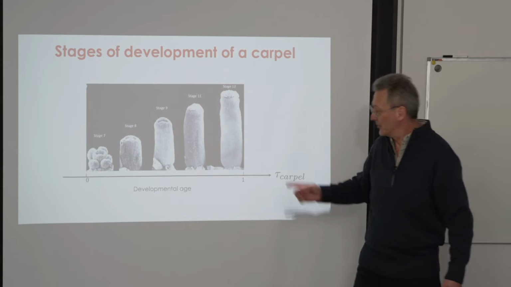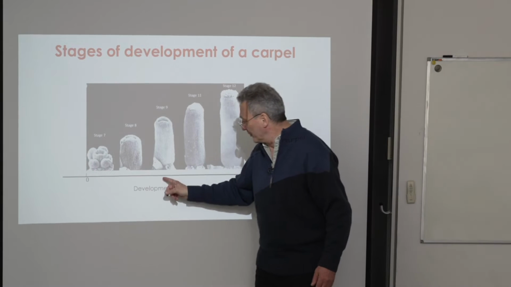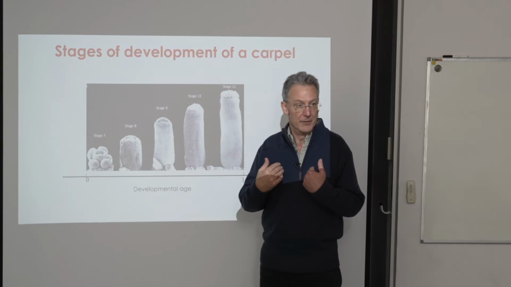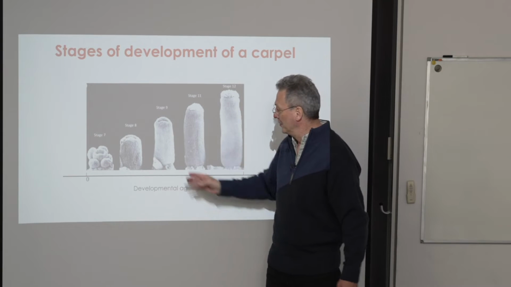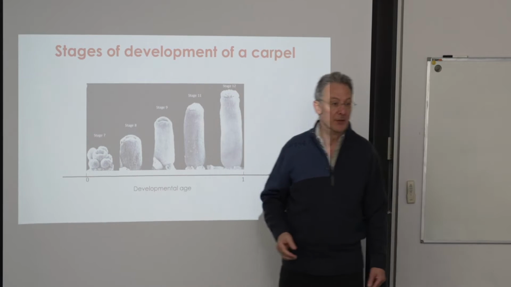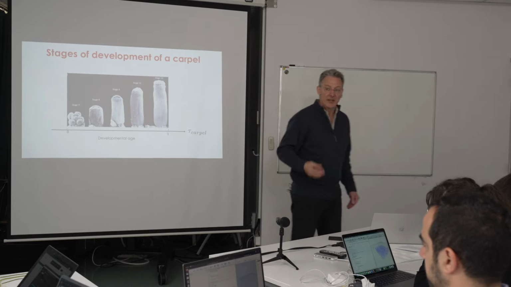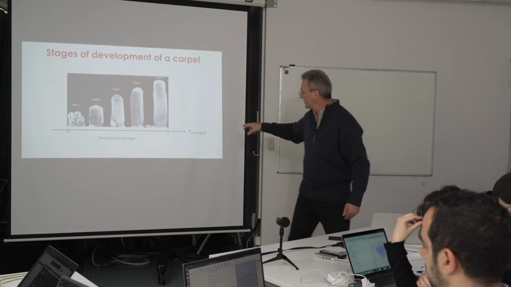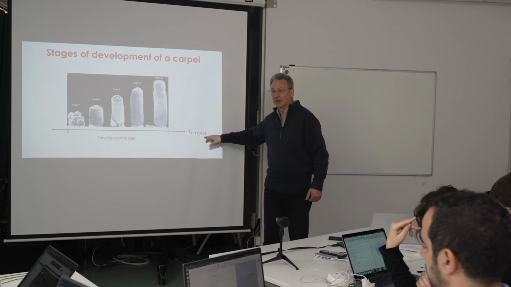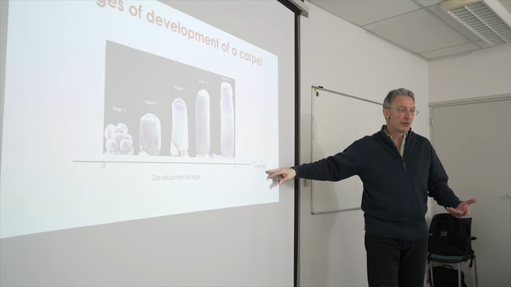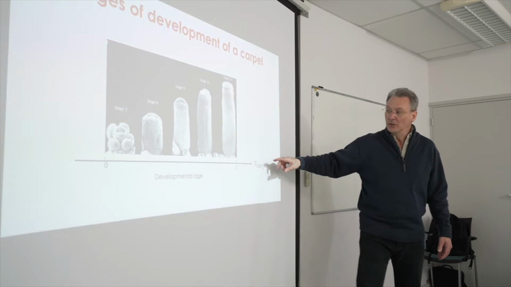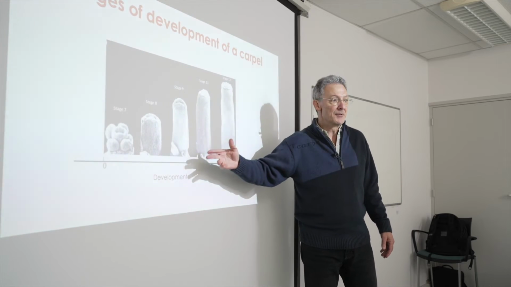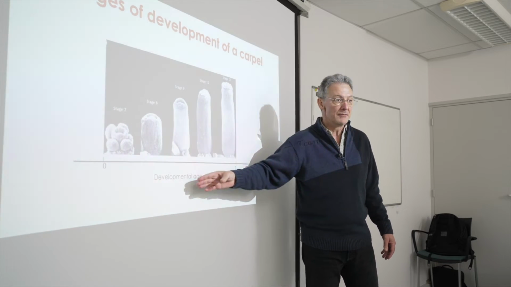Okay? And again, 0.5 would correspond, by my choice, to this moment of the development of the carpel. Okay? I am defining what this abstract tau temporal value would signify in terms of development. 0.5 would be this one. Okay?